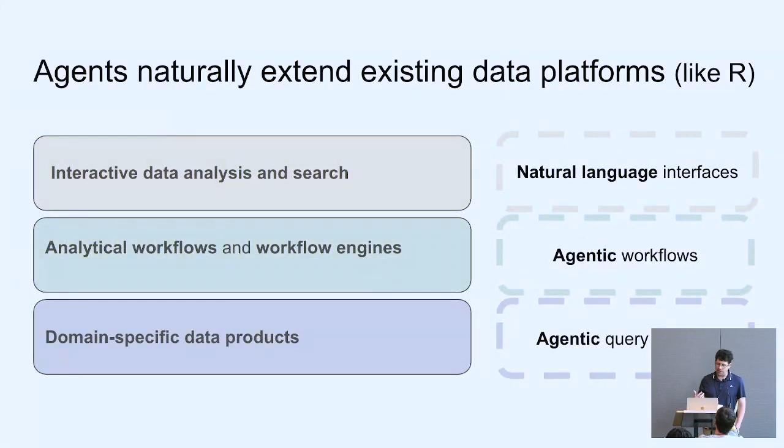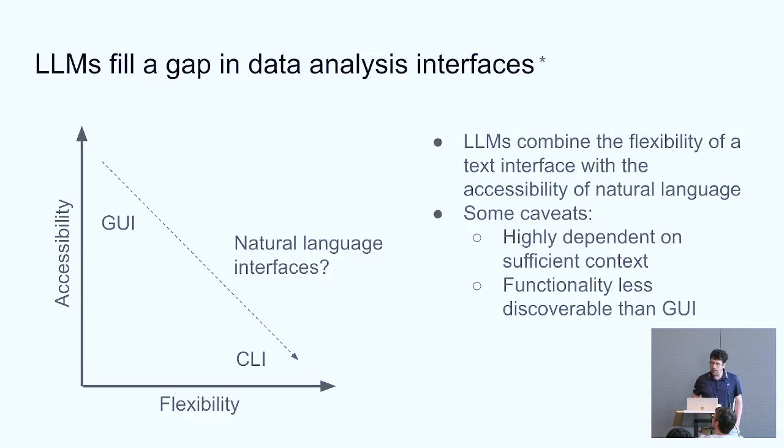If you're building large data platforms, these things can also extend every layer of that, and at the interface layer, I find these particularly interesting because I've done a lot of thinking earlier in my career around the design of graphical user interfaces for data visualization and analysis, and how they would complement command line interfaces.